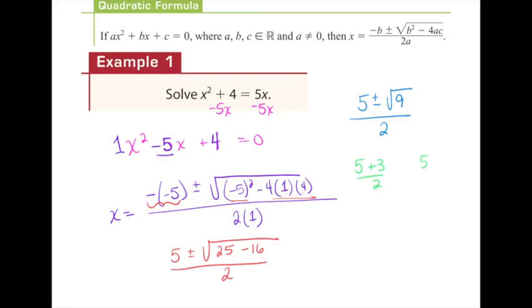And you need to say 5 minus the square root of 9, which is 3, over 2. 5 plus 3 over 2 is 4. 5 minus 3 over 2 is 1. And that is what x equals. Had you factored this, you would have done x minus 4, x minus 1, and you would have gotten those same answers, okay? The quadratic formula works for all quadratics.